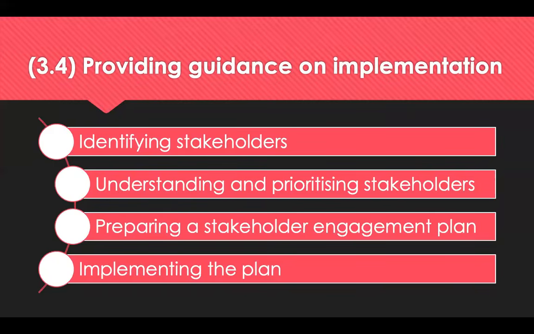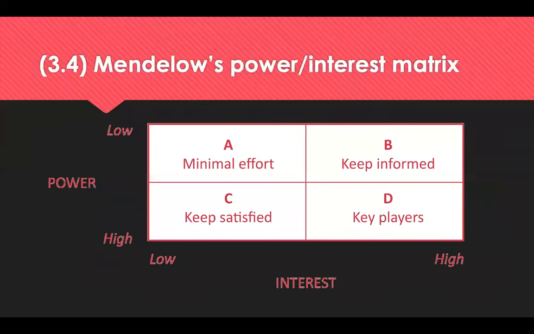So an approach that can help prioritise stakeholders is Mendelow's matrix. Now, this is a way of mapping stakeholders according to their power and interest in the organisation, or in our case, a specification. So we can begin to categorise stakeholders as requiring minimal effort, those that need to be kept informed, those that we need to keep satisfied, and those that are our key players.